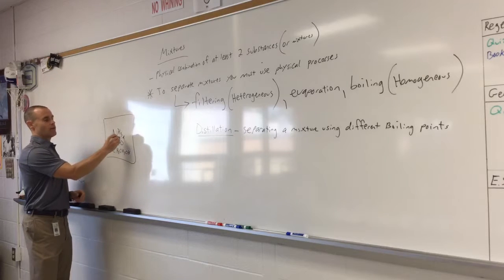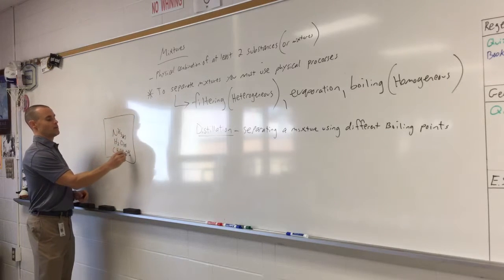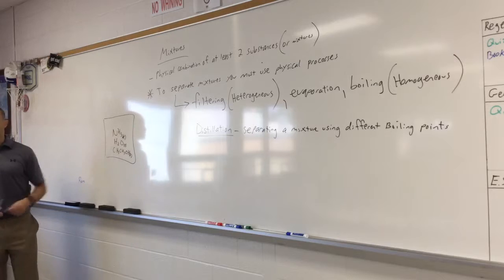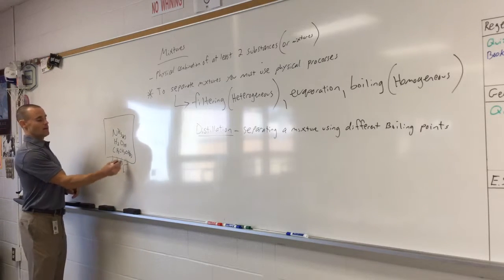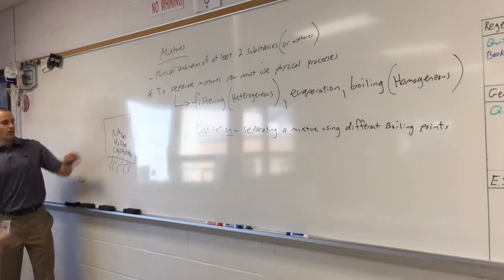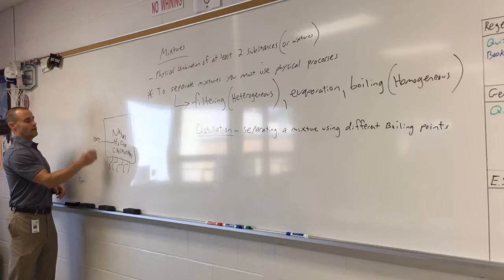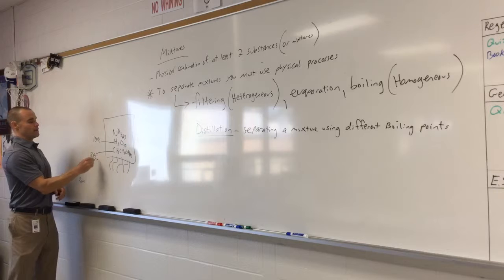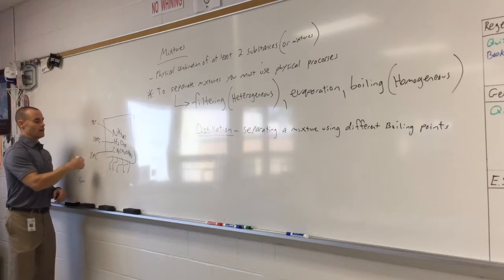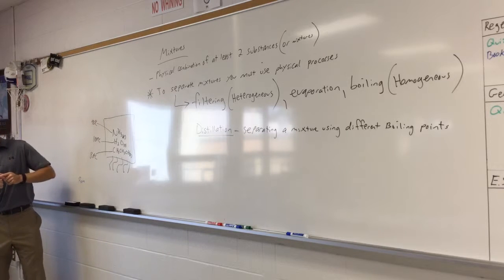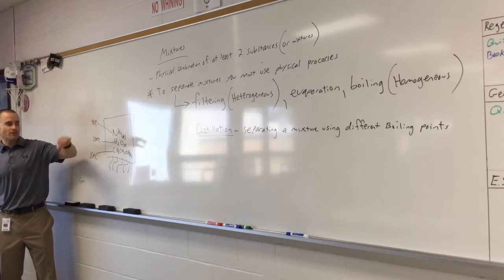So we have all three liquids in this container, and we want to separate them from each other. One way you can do it is heat it up. Water boils at 100 degrees. Ethanol boils at 80. Ammonia boils, I forget, I want to say around 90. All three boil at different temperatures.